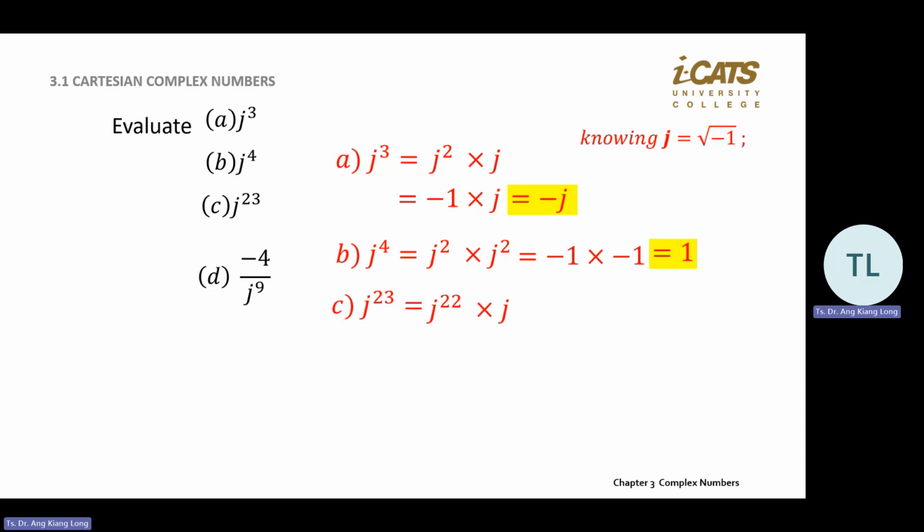Okay, 2 to the 3 you can break into 2 squared, multiplied by j. Okay, 2 squared you can further break into j squared in brackets. These steps are actually in chapter 4, but we jump a step a bit.